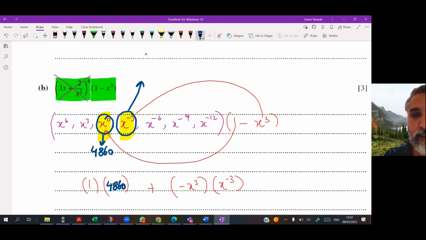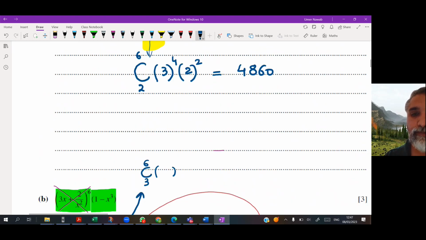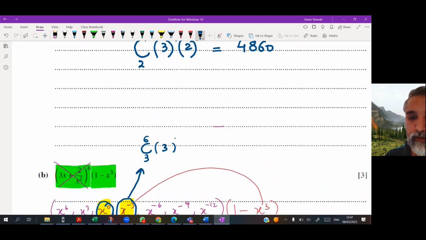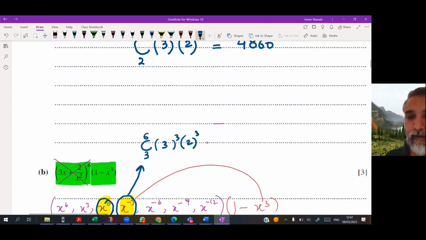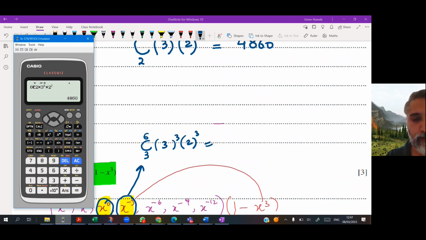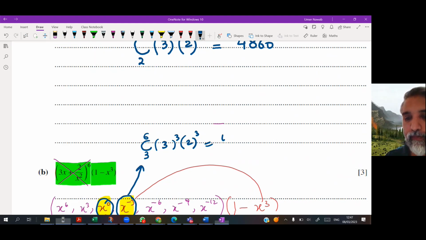I will write here 6C3, 0, 1, 2, 3, 3 raised to the power 3 and 2 raised to the power 3. Can I simplify and calculate this value? 6C3 times 3 raised to the power 3 times 2 raised to the power 3 gives me 4320.